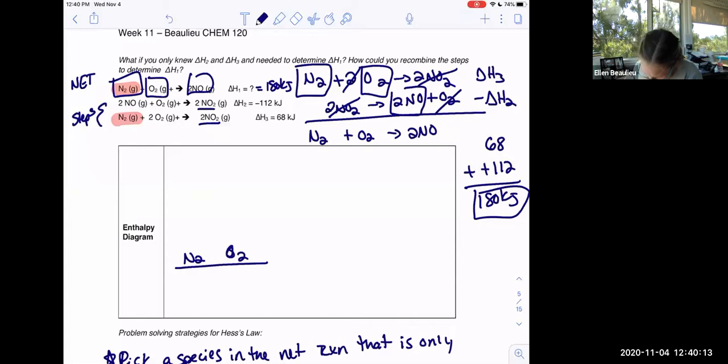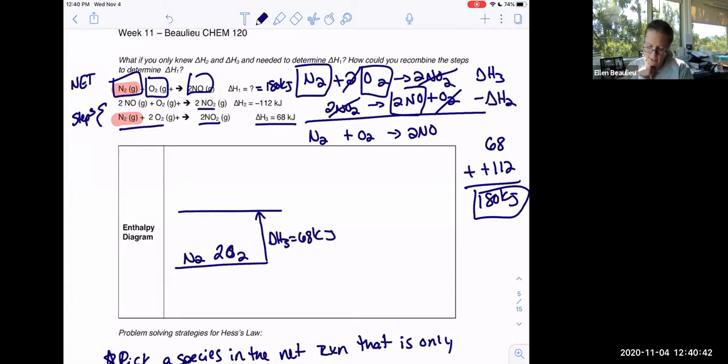I still need 2 O2s because in order to do the steps that I'm going to do, I still need 2 molecules of oxygen. Okay, so my first step is delta H3. What does this chemical reaction do to this process? I'm going to go up 68 kilojoules.